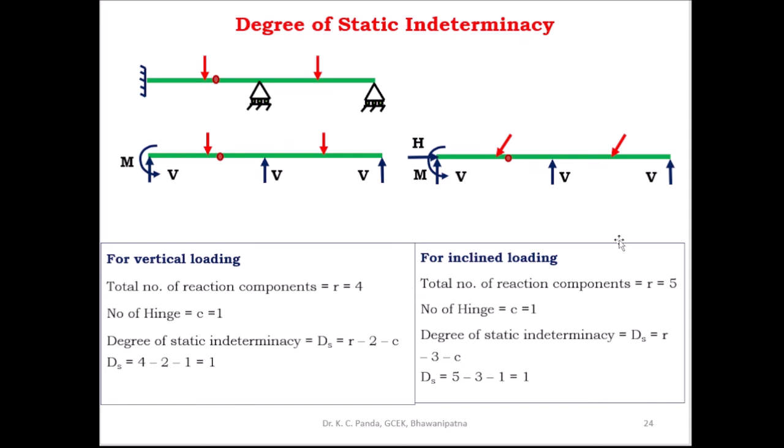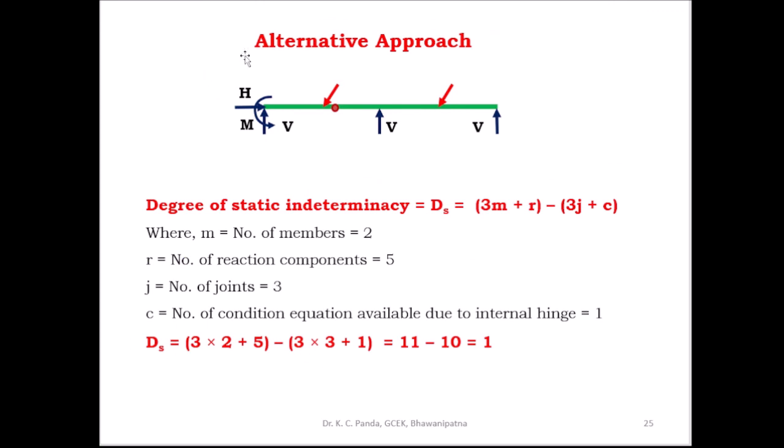Also you can find it by using the alternative approach when subjected to inclined loading. Here at the fixed end there are 3 reaction components, horizontal, vertical and moment, and at the roller support only vertical. So the total number of reaction components is equal to 5, the number of members is equal to 2, the number of joints is 3, and C is equal to 1.